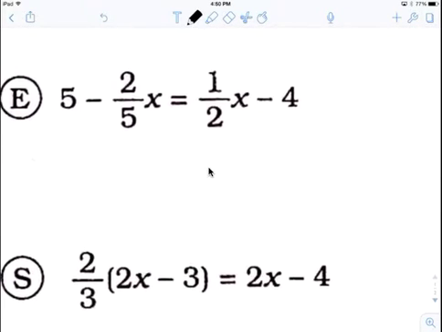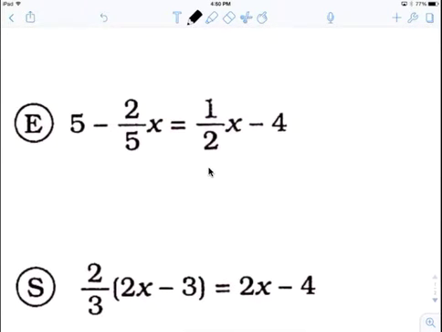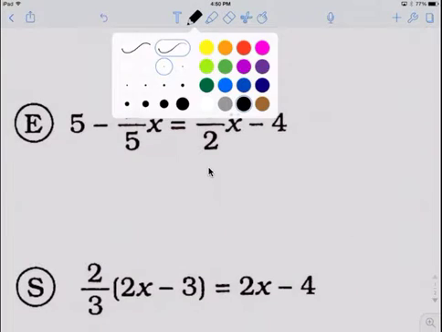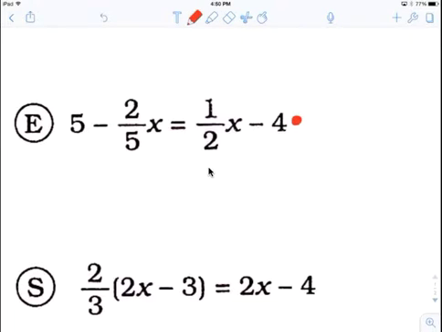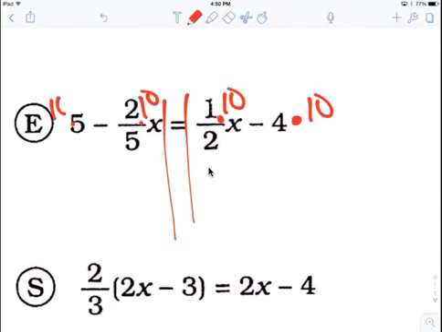Or like this one here, the least common denominator, if you had 2 over 5 and 1 over 2, your least common denominator is 10, right? And then you multiply all of them by 10. So make sure you multiply all terms, so on each side it's times 10, times 10, times 10, times 10.